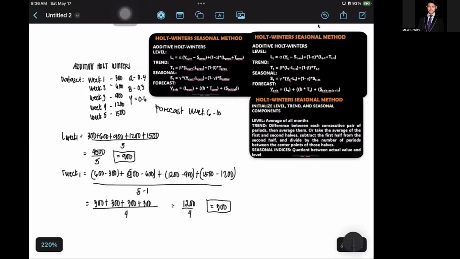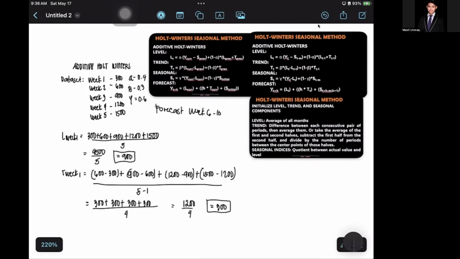So for the seasonality, that quotient mentioned is the Holt-Winters multiplicative initialization. But for the additive, it must be the actual value minus the level. So you will get the difference between the actual value and the level.